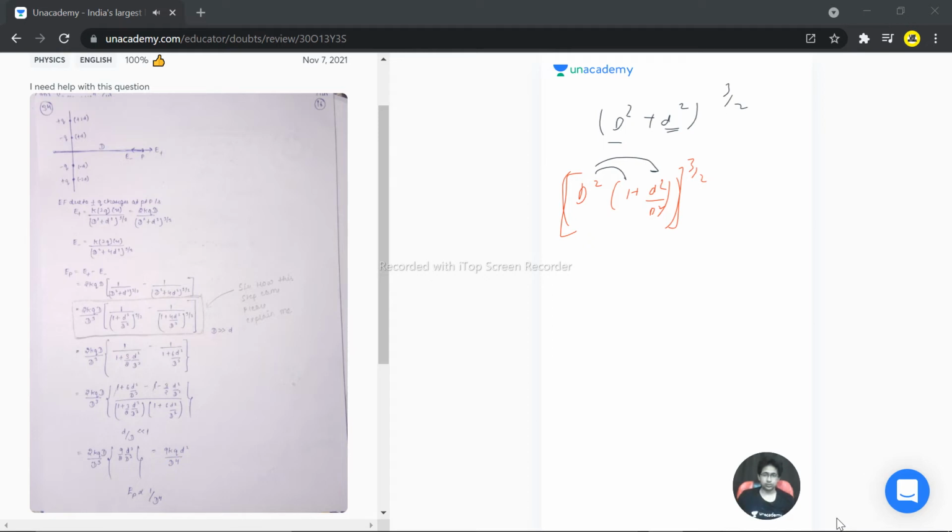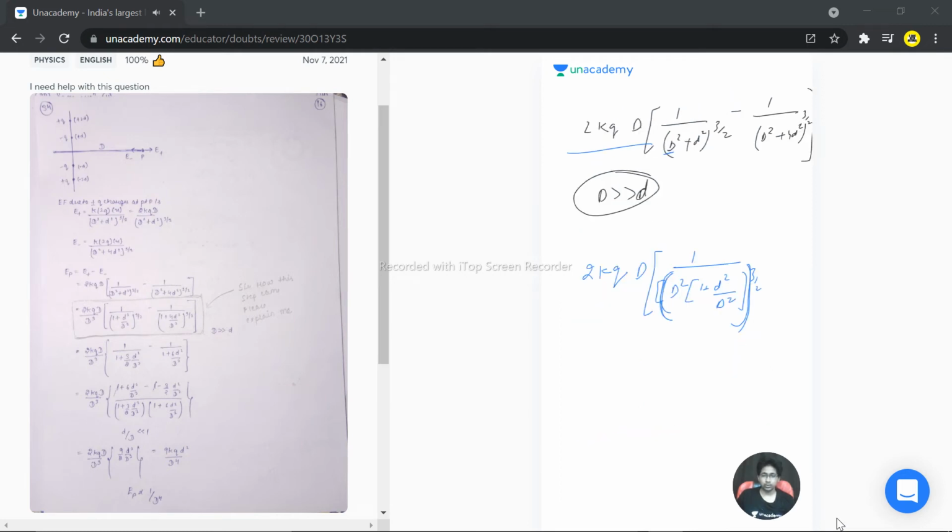Let's solve for the next step. So I can write this as whole raised to the power 3 by 2, D square raised to the power 3 by 2 times (1 plus d square by capital D square) raised to the power 3 by 2. So here we are getting just D cube, and in bracket we are getting d square by capital D square raised to the power 3 by 2. That's what I'm going to do here only.